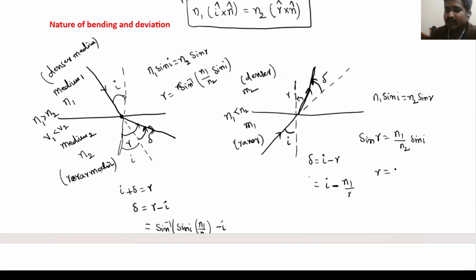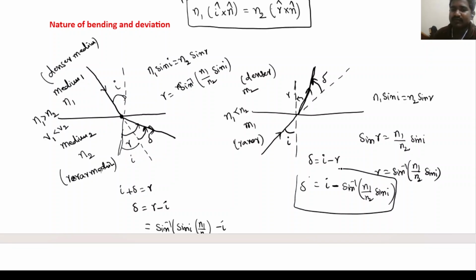Therefore r is sine inverse of n1 divided by n2 times sin I. That gives the deviation whenever a light ray travels from rarer medium to denser medium.